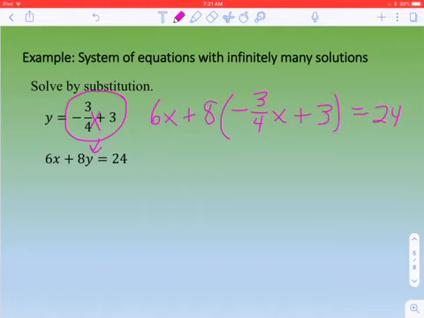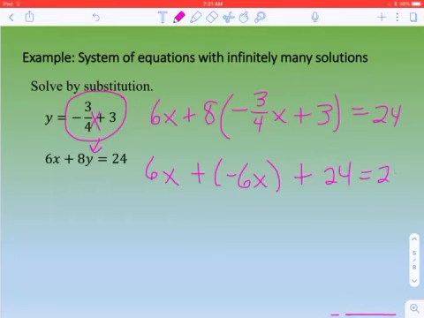Then I need to simplify, so I need to do the distributive property. I have 6x plus 8 times negative 3/4. 8 divided by 4 is 2, times 3 is negative 6x, and then 8 times 3 is plus 24, equal to 24.